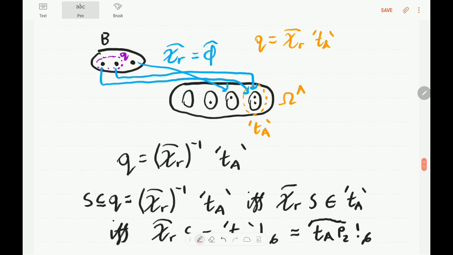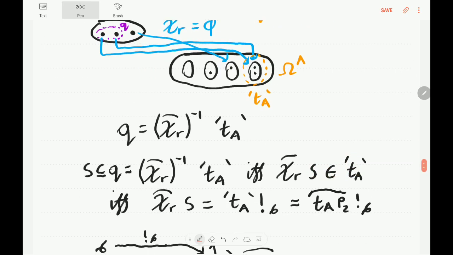And so we're going to have that S is going to be in Q. In other words, S is in chi R bar to the minus 1 of name of TA, if and only if chi R bar of S is in TA.